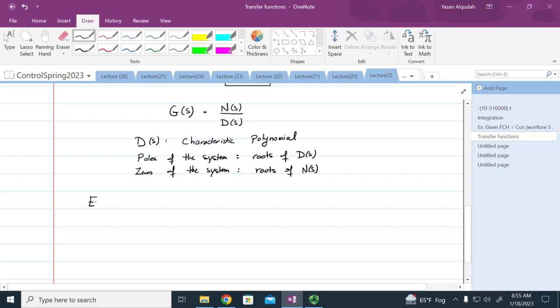Okay. So let's take an example. I want to find the transfer function of a system that is described by dc/dt plus 2c equal to r of t. And these are functions of time, c of t, r of t. Where is this differential equation coming from?